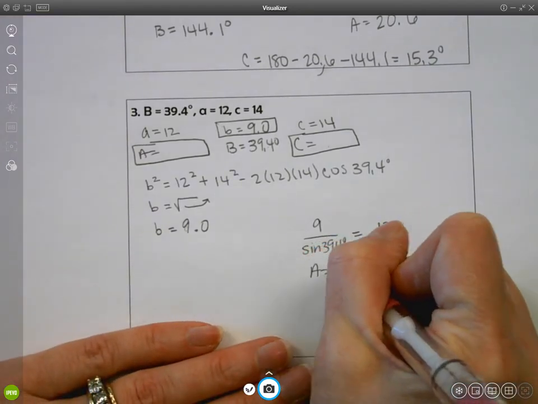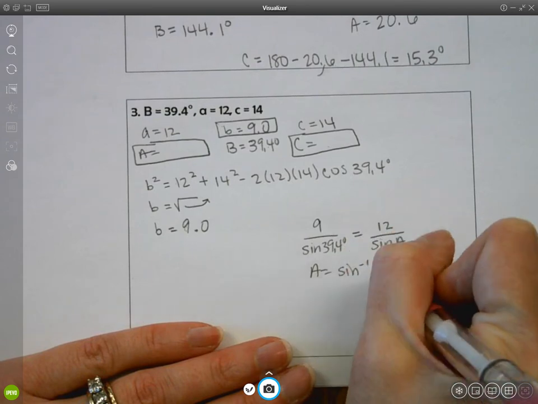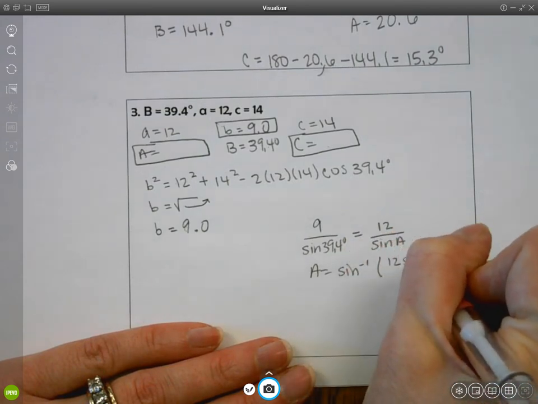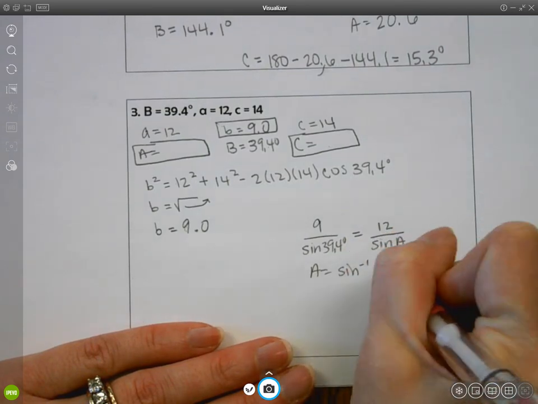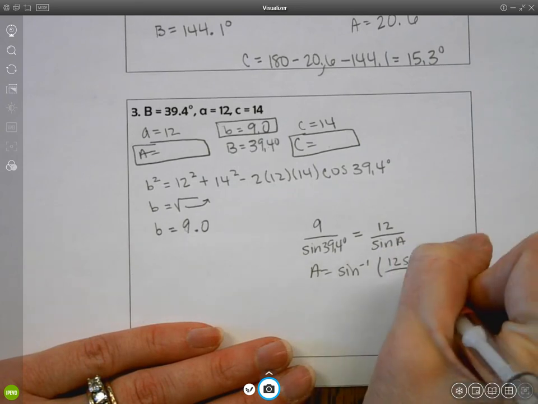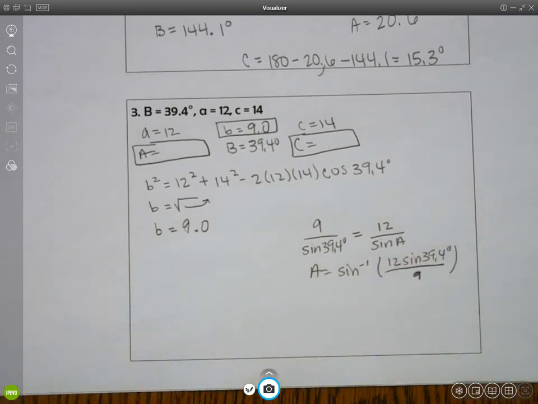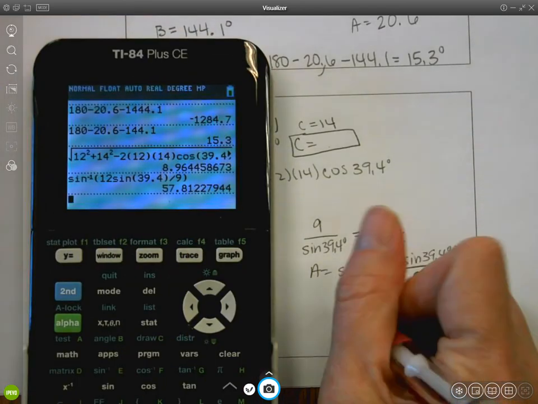So A is inverse sine of 12 sine 39.4 over 9. All right, so inverse sine 12 sine 39.4 divided by 9. And we get 58.